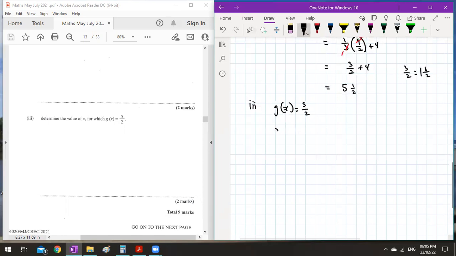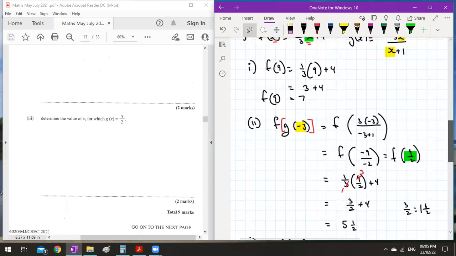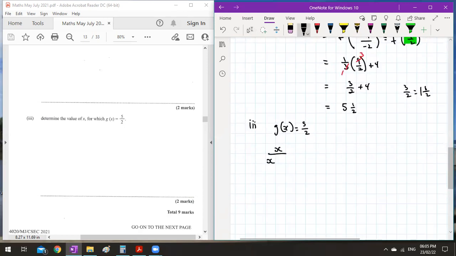So the g function is 3x over x plus 1 is equal to 5 over 2.